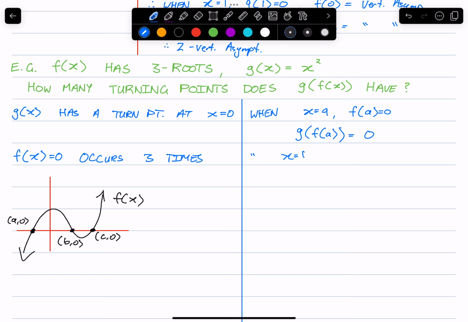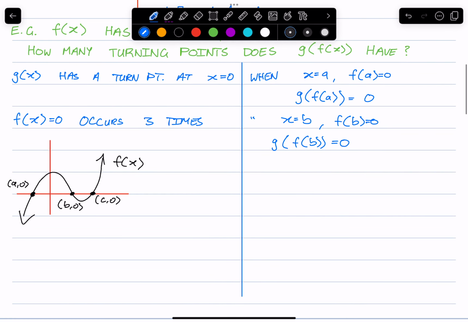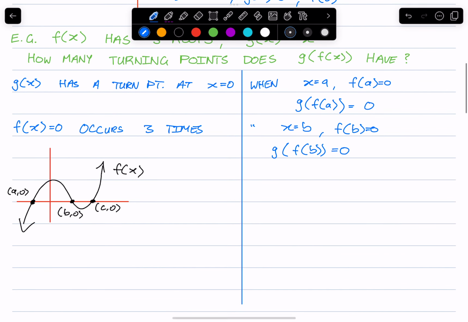So when x equals b, f of b equals 0. And so from this we can see that g of f of b will also equal 0. There's your second turning point, and this repeats the third time.